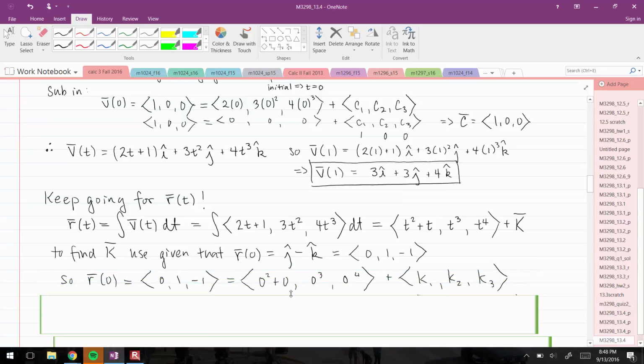Setting this up, our initial position, our position at time equals 0, is equal to 0, 1, negative 1, and then we plug t equals 0 into the answer we found for the integral, and we happen to get all zeros again. So we can match up perfectly the components in K with our initial position.